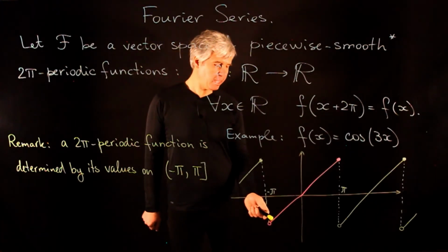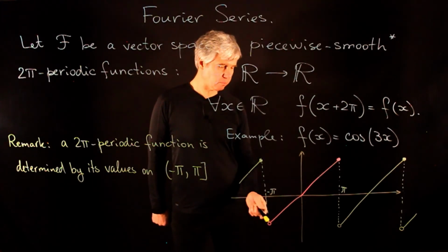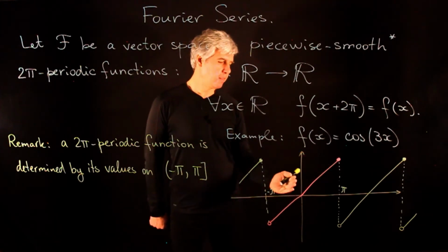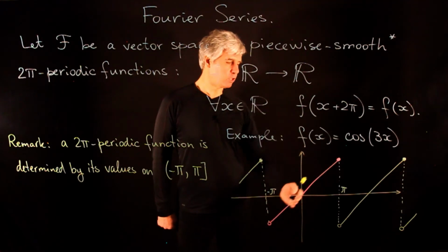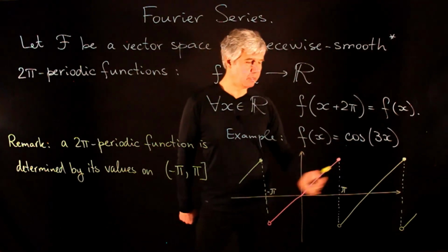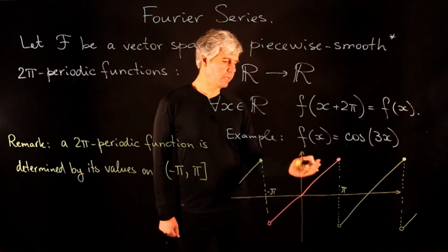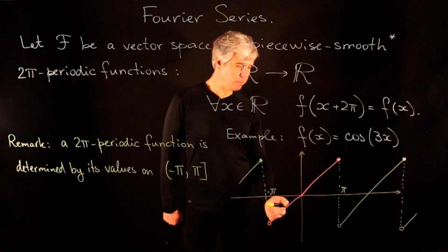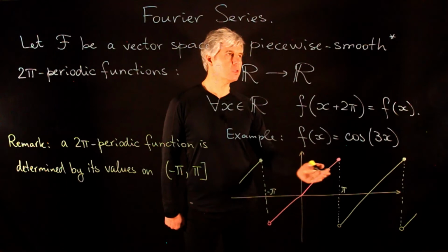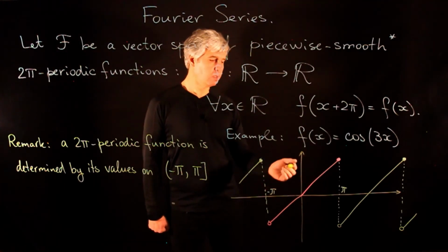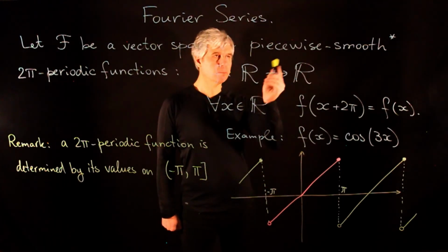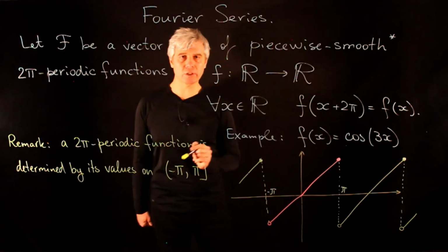Indeed, if we are given a function on the interval from minus pi to pi, then we can replicate this function by periodicity to the whole real line. We see that when we make this replication, we may lose continuity, and because of this, we are considering not smooth functions, but just piecewise smooth functions.